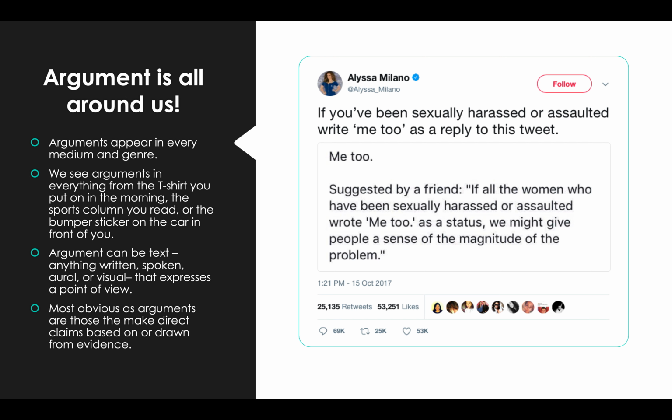And what happened is women all over the United States, all over the world really, shared Me Too as a hashtag, as a tweet, as a Facebook post, all over all kinds of social media. And a lot of people who maybe didn't understand how big of a problem sexual harassment or assault was for women all of a sudden got a lot more information about the argument that, yes, this is really a big deal.